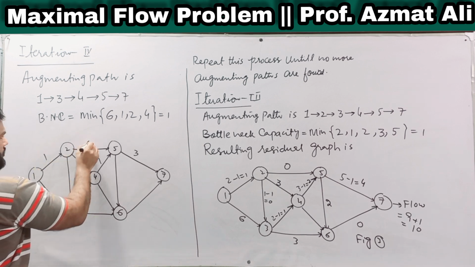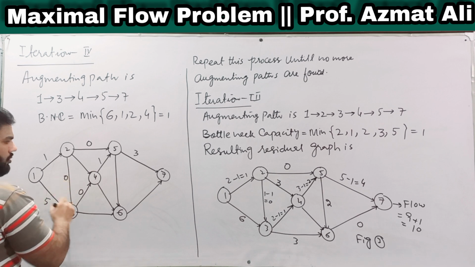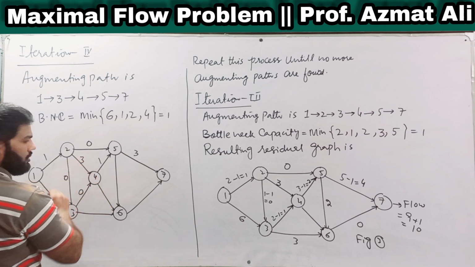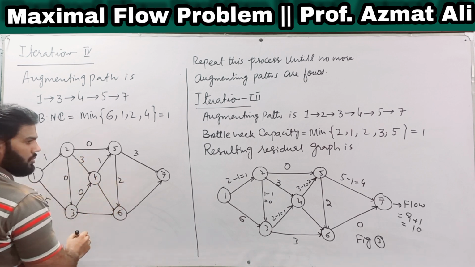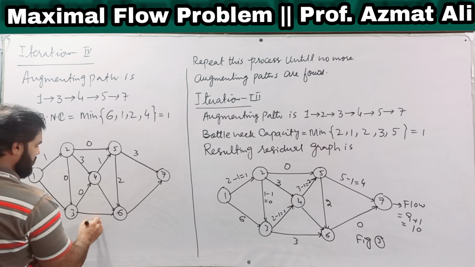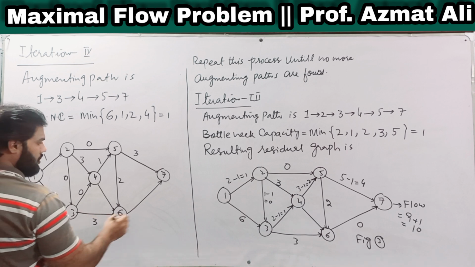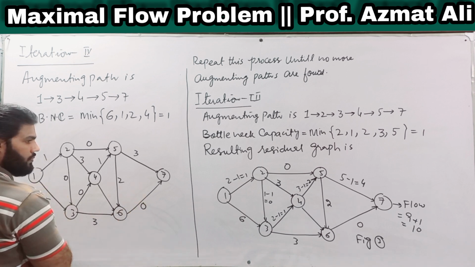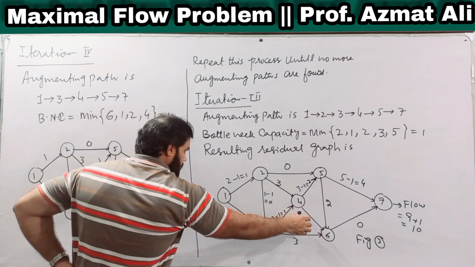This is 1, 0. This is 0. This is 3 unit. This is 2 unit. This is 3 unit. This is 0 unit. Again here the capacity is missing.